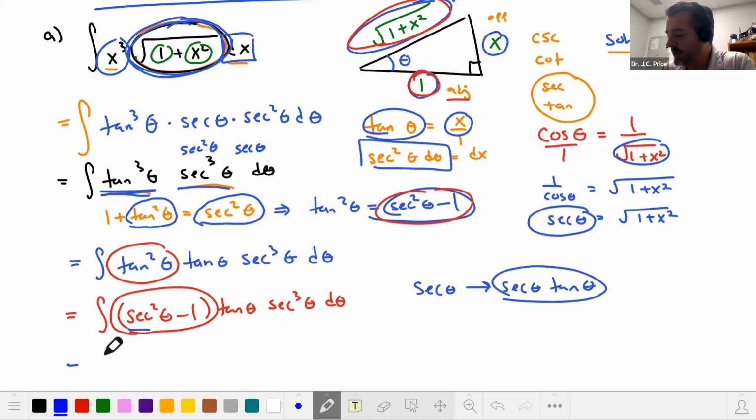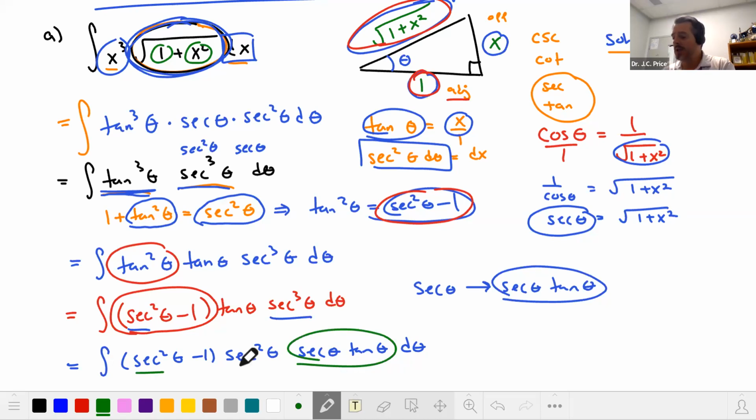So this will be equal to the integral and have secant squared theta minus 1. And then I'm going to write this secant cube theta as a secant squared theta, and then a secant theta tan theta d theta. So now I see the function secant theta, and I see its derivative over here.